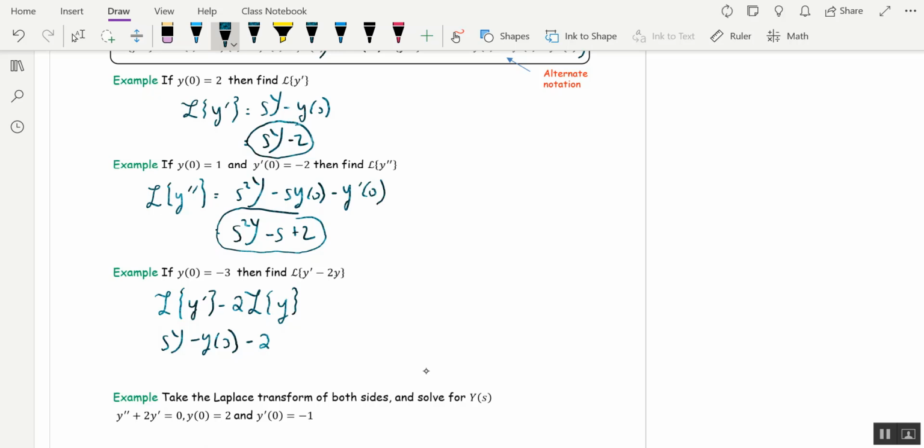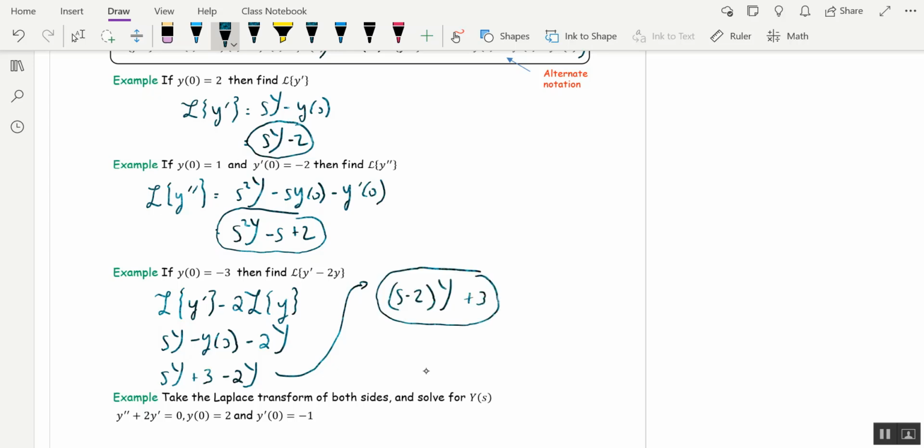Well, you won't see that in the table. By definition, L of little y is big Y. Okay, and that's s big Y plus 3 minus 2 big Y. And then we're just going to combine like terms, (s minus 2) big Y plus 3 is what we have, okay?